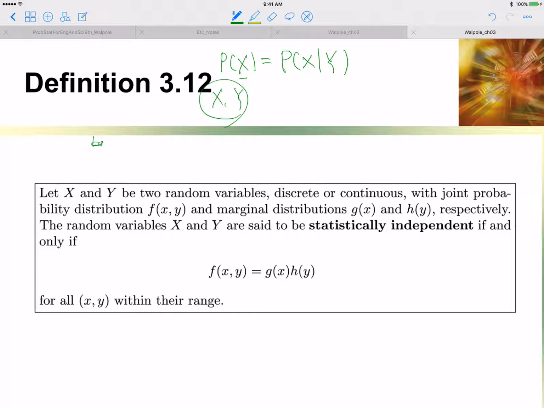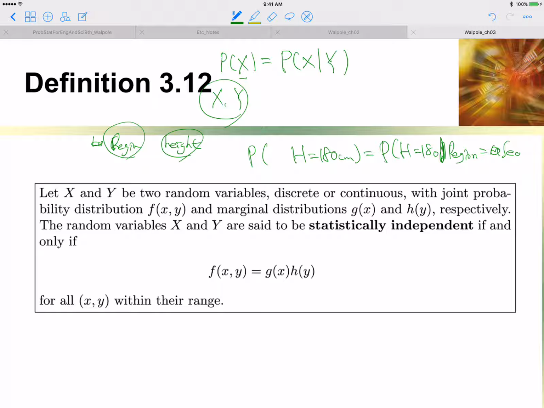So we consider the region and a person's height. This is the region where you are living in, and another variable is height. So p of height being equal to 180 centimeters is actually the same as p of height being 180 given region equals Seoul, or the same probability when the region changes to maybe Daejeon.